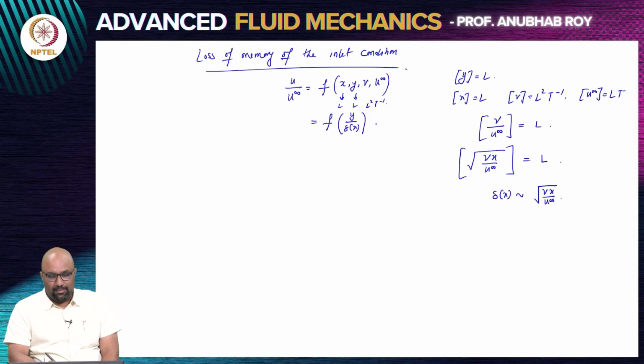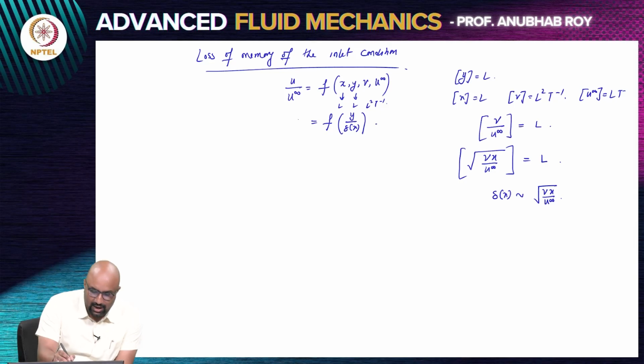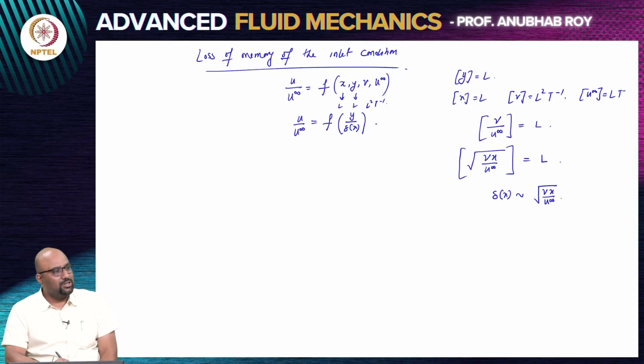So based on dimensional argument, I can now say, yes, I can write a non-dimensional equation scaled by u infinity in terms of a variable that is y by a length scale, which scales as square root nu x by u infinity.